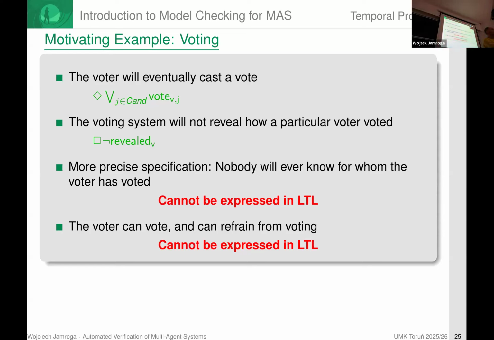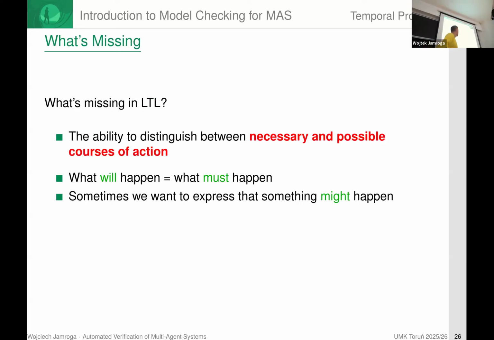We need some kind of branching time operators, so that there is one course of action where I vote and another where I don't vote. This cannot be expressed in LTL, and we are moving towards that in just a moment.